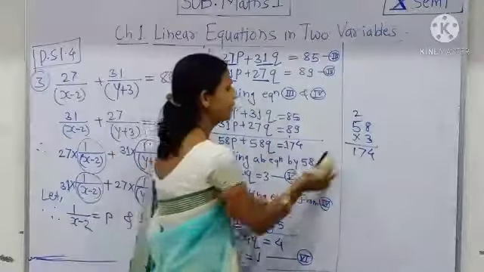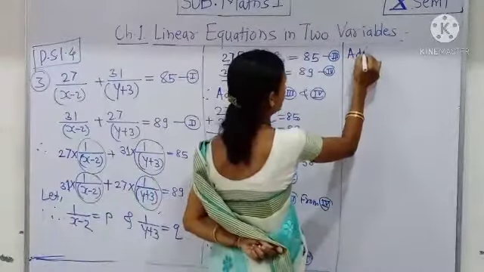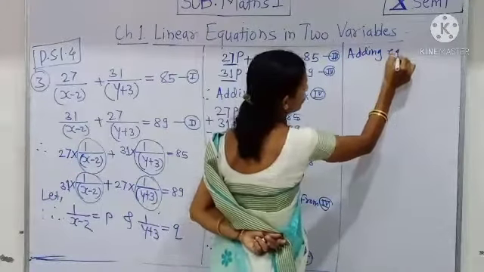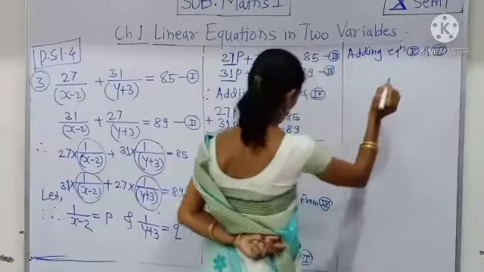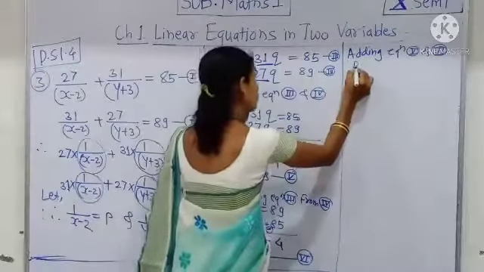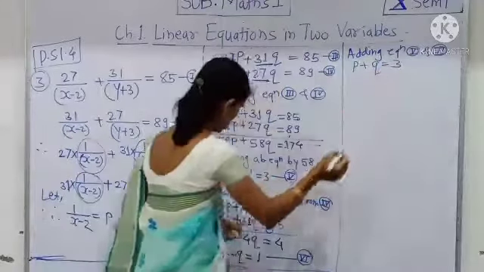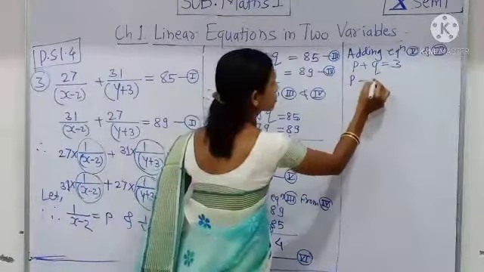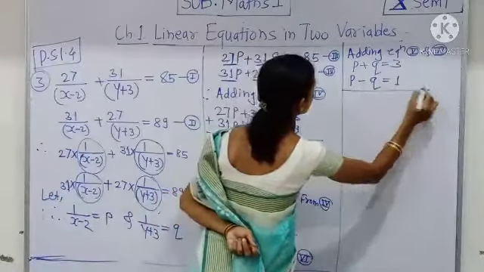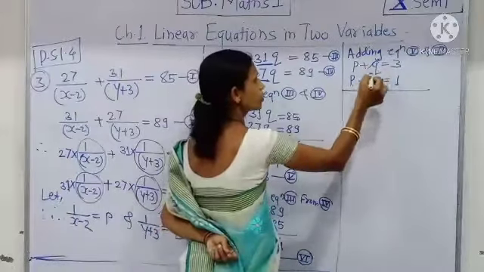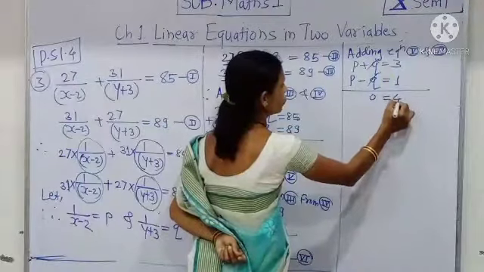Therefore, adding equations 5 and 6, p plus q is equals to 3 and p minus q is equals to 1. Then plus q minus q get cancelled. 3 plus 1, 4.